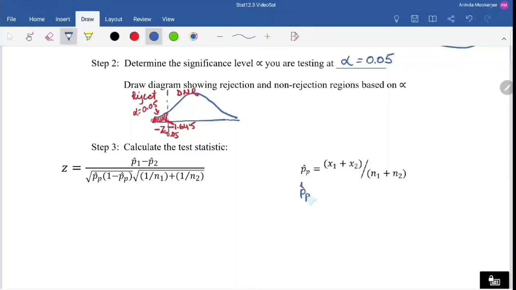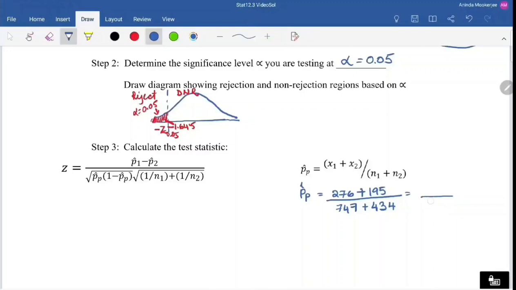P hat sub p is x sub 1, which was 276, plus x sub 2, which was 195, divided by n sub 1, which is 747, plus 434, which should be equal to n, the total sample size.